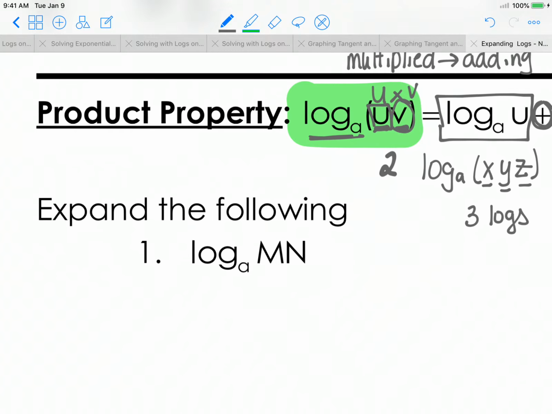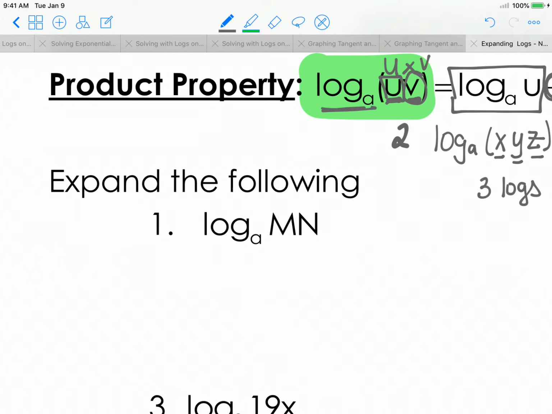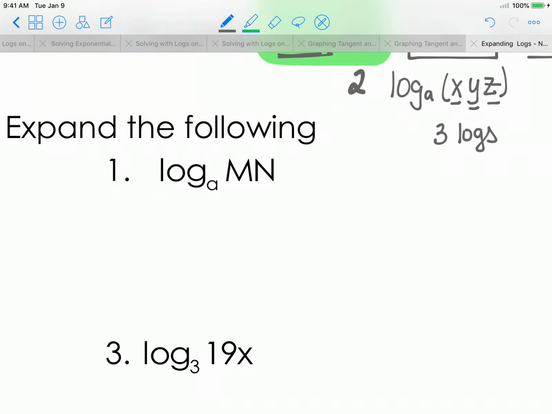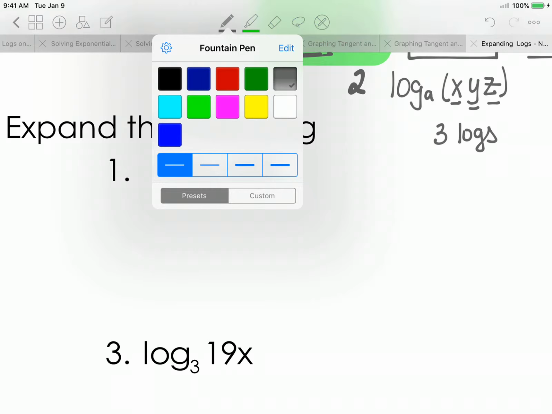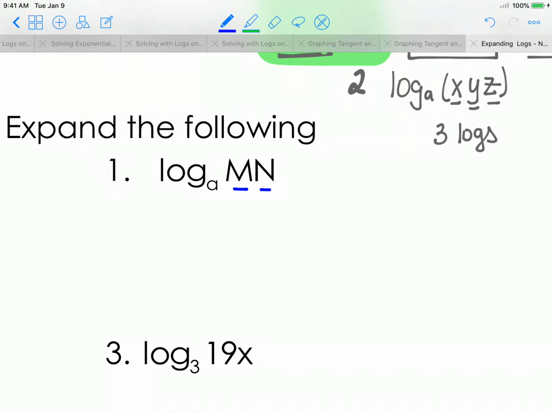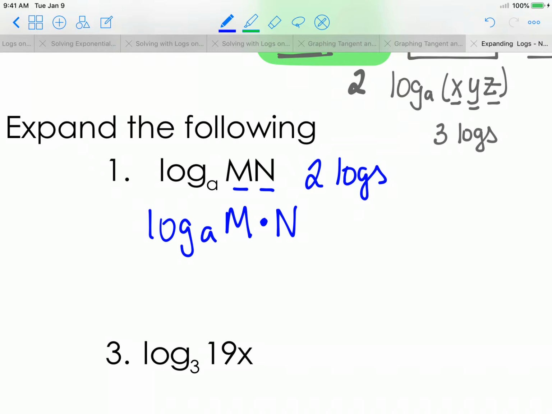Okay, so let's expand this real quick, just to get an idea of what's going on. How many variables do we have? We have 2 of them, right? So we're going to eventually have 2 logs. I'm going to split this out and go step by step. This is really saying m times n.